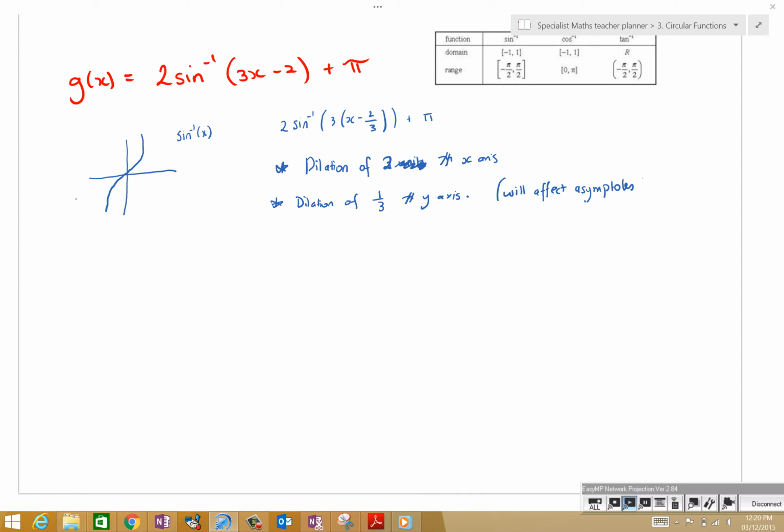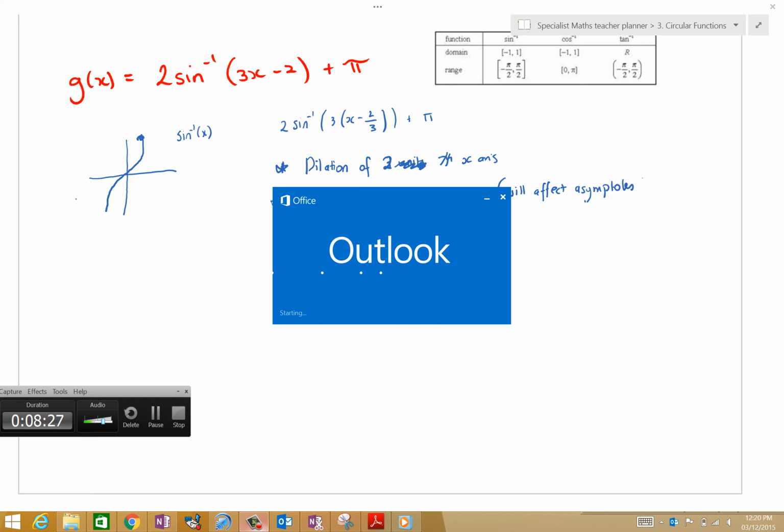We went through... Resume. So we've got to get it in the base form first, otherwise we're not going to be able to apply all of these transformations. Get it in the base form, and of course we need to know what it looks like.